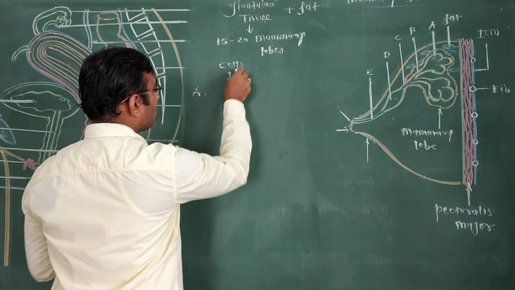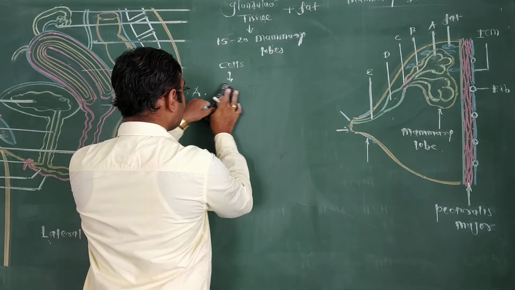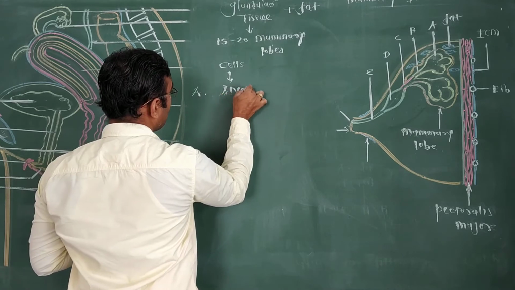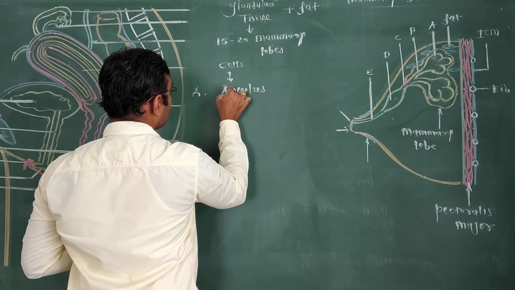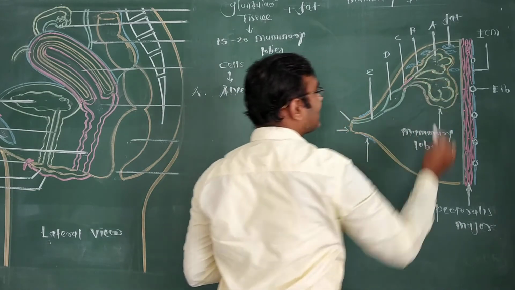So one cluster of cells forms one alveolus.